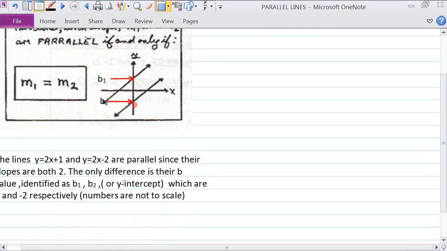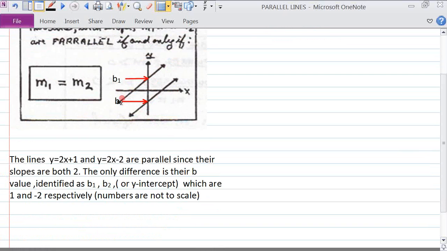And you'll notice one thing that's characteristic of these is that the position at which the two parallel lines intersect the y-axis is different. The lines 2x plus 1 and 2x minus 2 are parallel since their slopes are both the same. So parallel lines have the same slope.